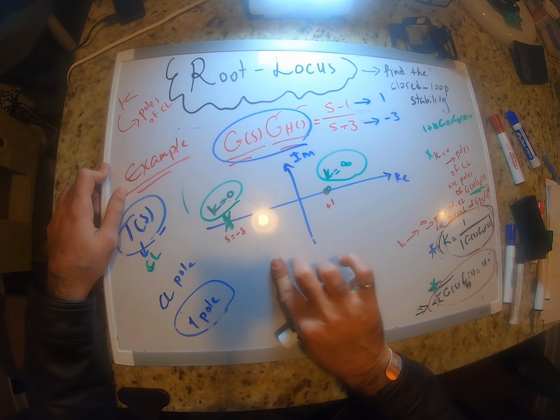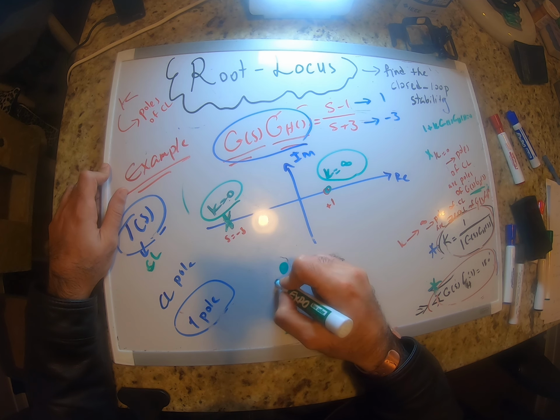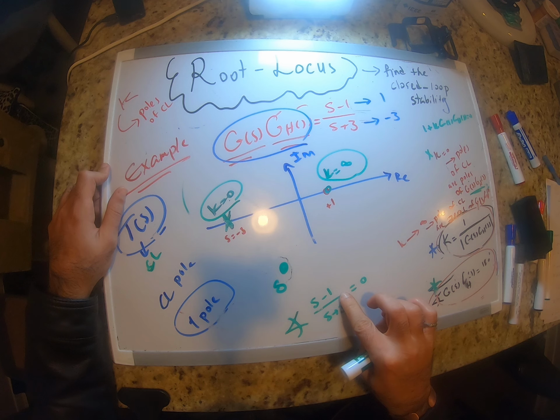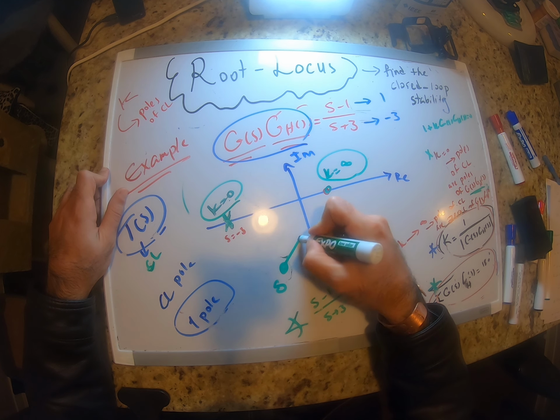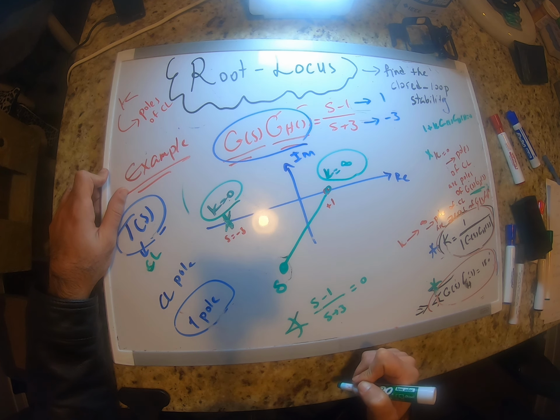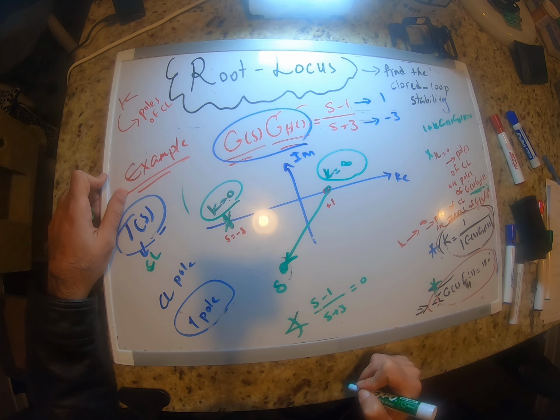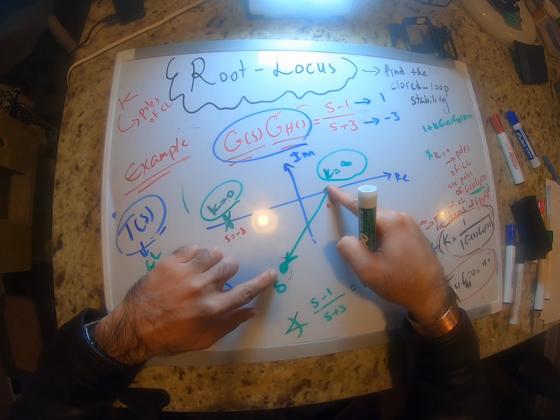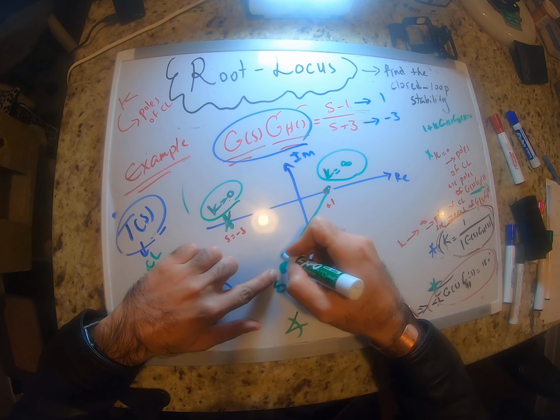So if this point is s, s minus 1 would be this vector. Because this is s, this is 1, right? s minus 1 would be this vector.